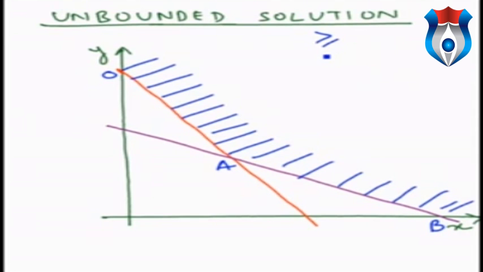Now suppose the objective function is to maximize the profits. Now for this solution, we'll try to draw a family of objective function lines parallel to each other.